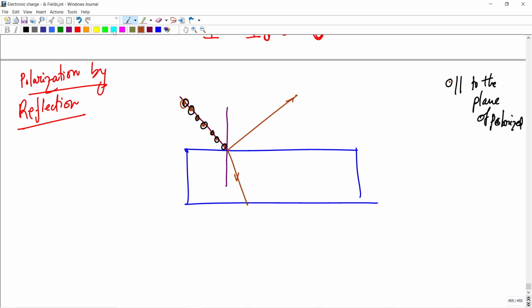You see some part of the vibration plane missing here.